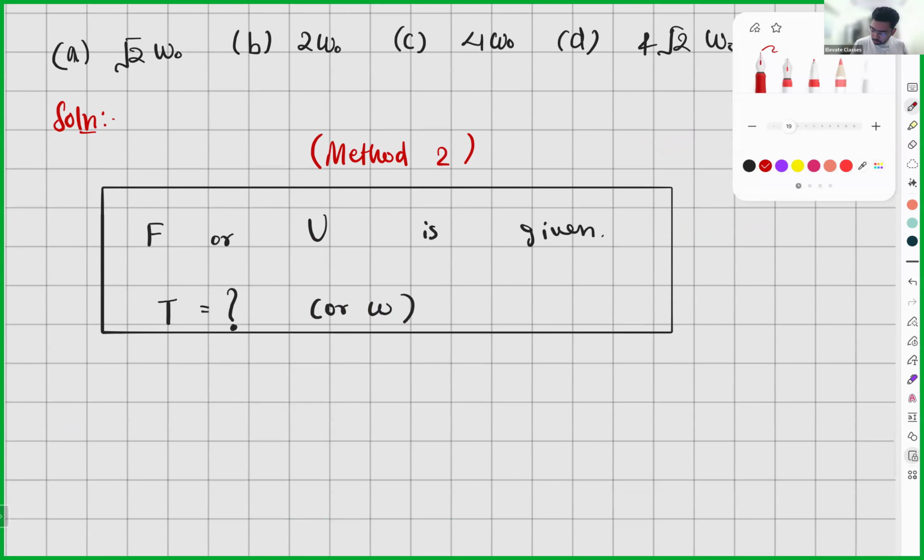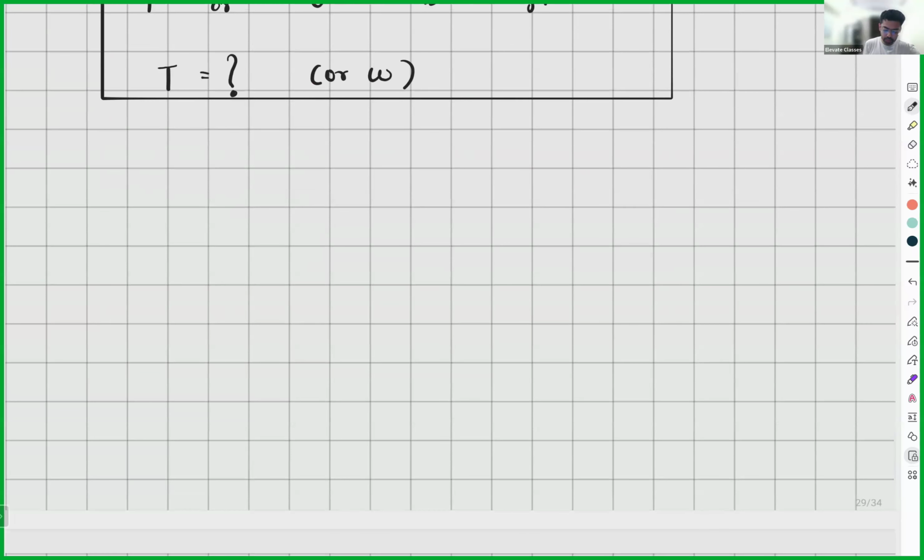Now you have to understand that we were doing force equals to minus kx, right? This is for purely an SHM, not a system which can behave like an SHM. I'm not talking about that. This is purely an SHM.